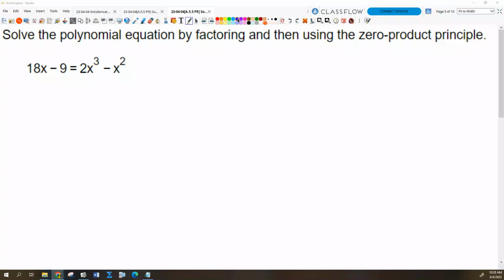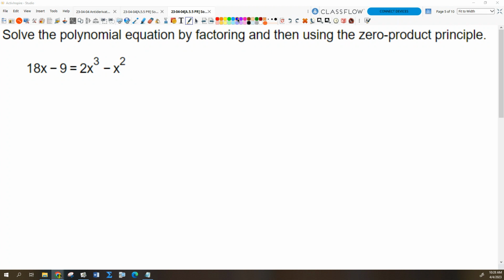What's the first step for this equation? Solve for 0. Set it equal to 0, right? I've got to put it into a standard form where there's going to be 0 on one side and the polynomial on the other side. Which side am I going to move everything over to? To the right. Good, because I want a positive leading coefficient, right? The biggest power of x, we'd like to have a positive coefficient.